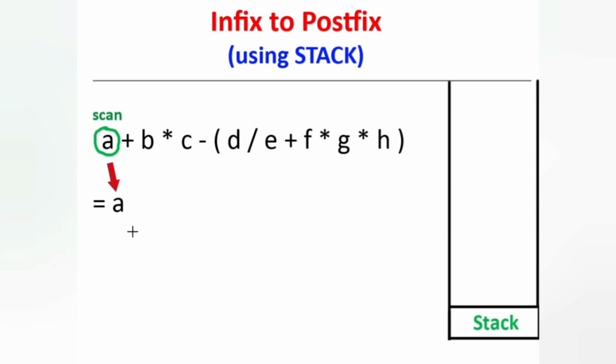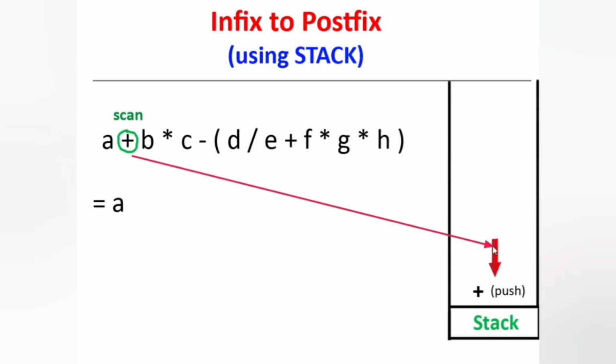Now next you can see the plus. Plus is an operator. Since plus is an operator, it will not be placed into the expression. So where will it be placed? This plus will be placed into the stack.